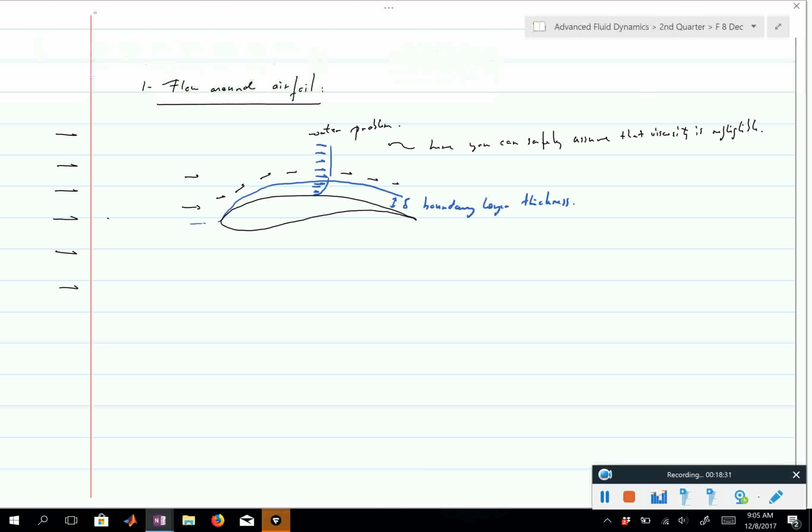And now we'll see how small is small. So how small is this boundary layer? We'll discuss the scaling for the boundary layer thickness.